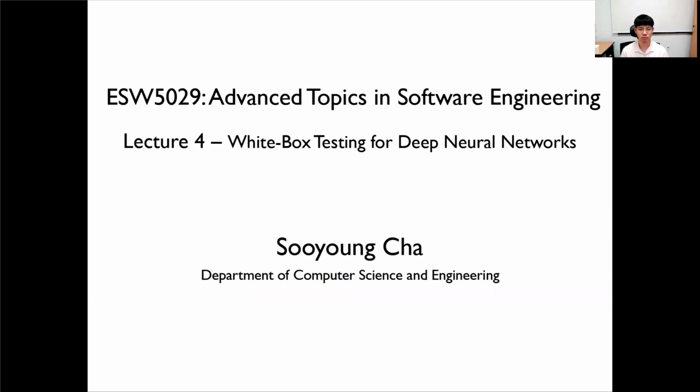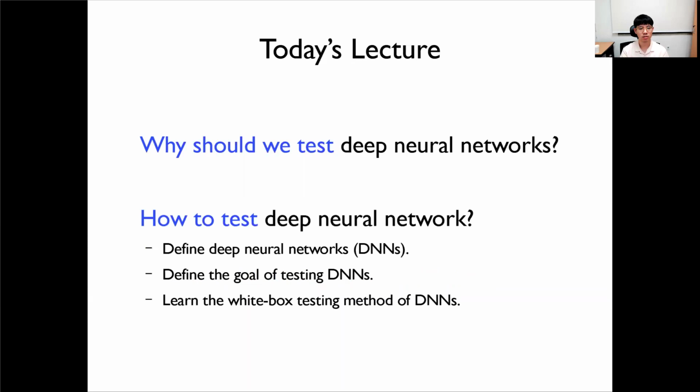Let's start with this week's lectures. Today I will first motivate the need for deep neural network testing by asking the question, why should we test DNNs? And then, to explain how to test a given deep neural network model, we first learn basic terms for DNNs, such as layer, neuron, activation function, or output value of layers, and so on.